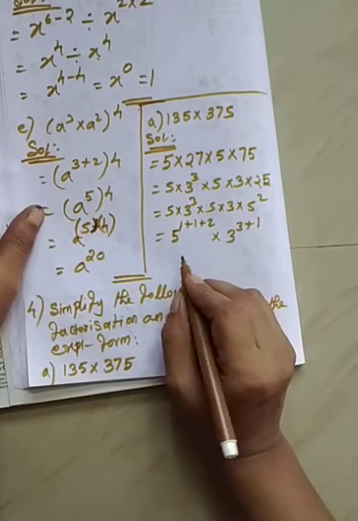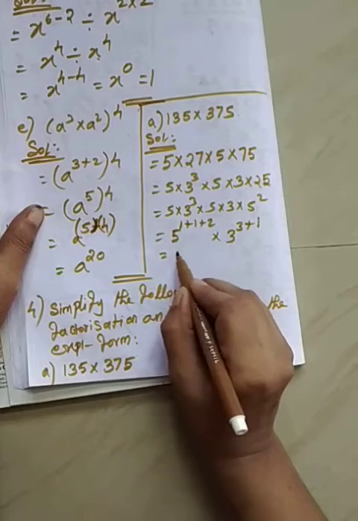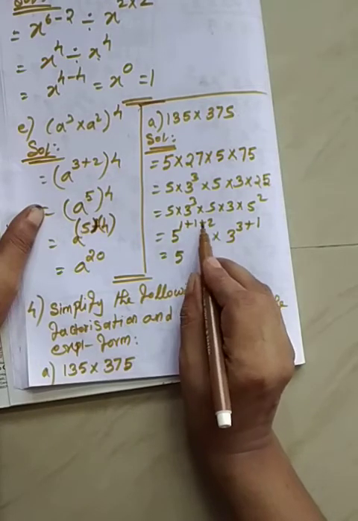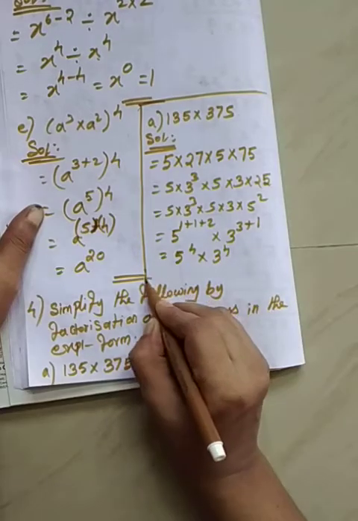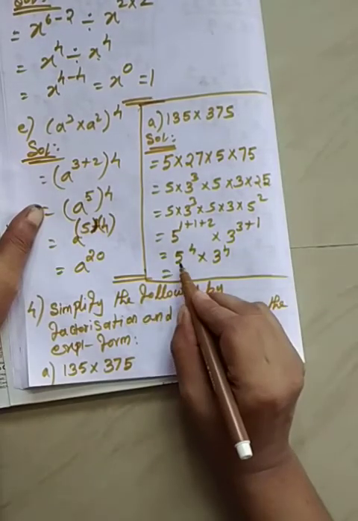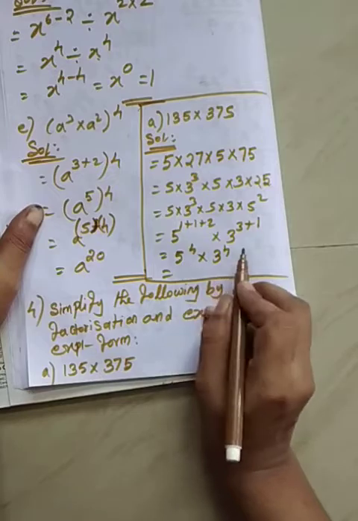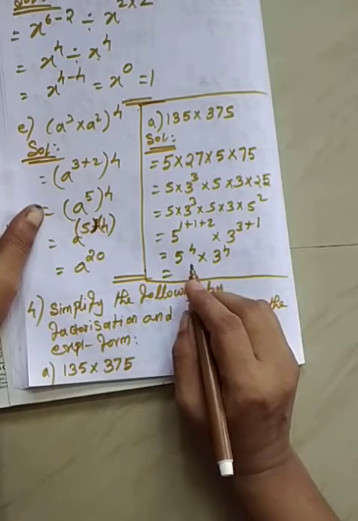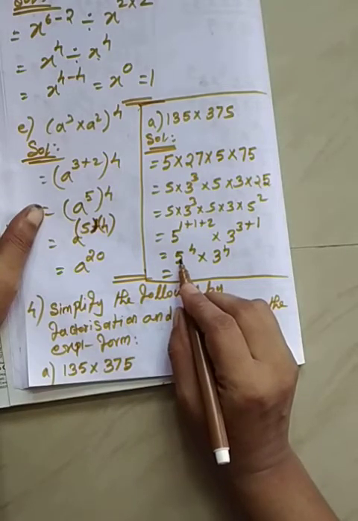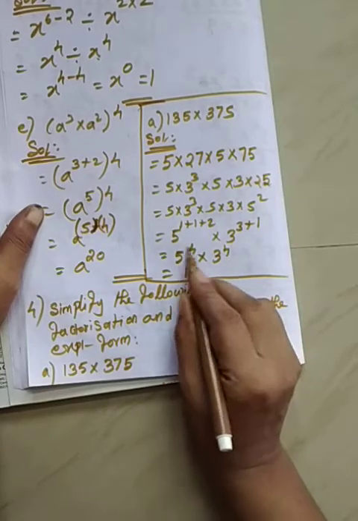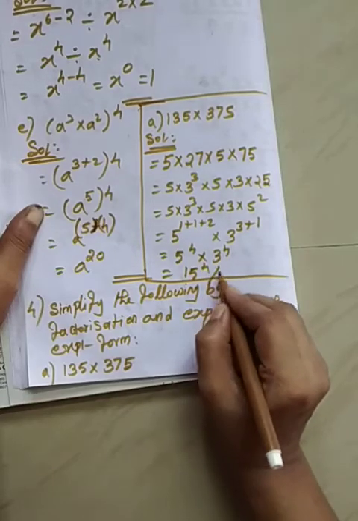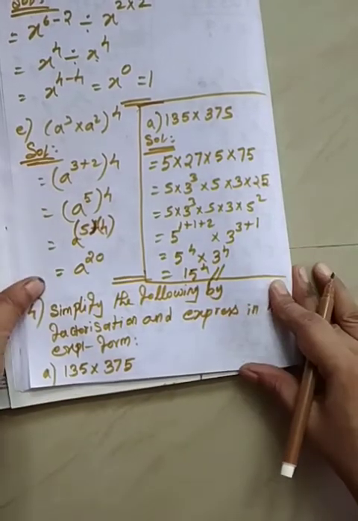Now 5 power 1 plus 1 plus 2 means 4, into 3 power 4. Now see here, the base is different but the order is the same. So which formula can you use? Now directly you can use 5 3s are 15. Write this power 4. So your answer is 15 power 4.